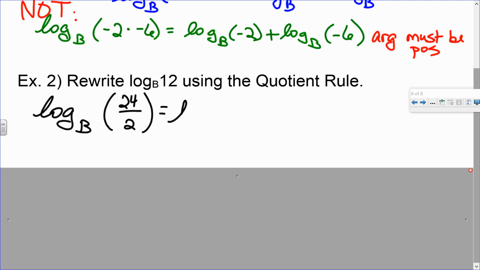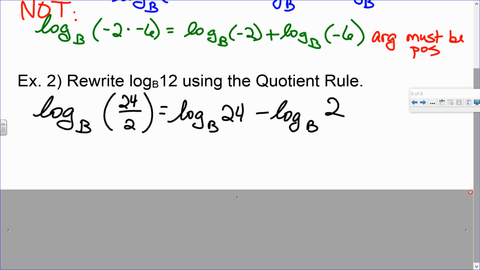And that means we would do log base b of 24, and then what? Minus log base b of 2. And what if I wanted some fractions in this one? What if I wanted to say log base b of a half over something?